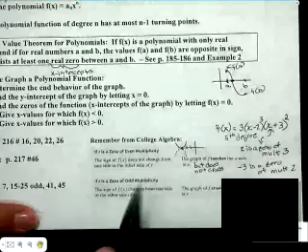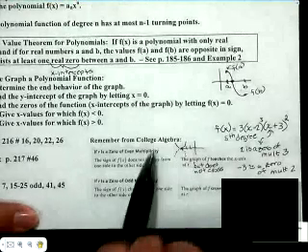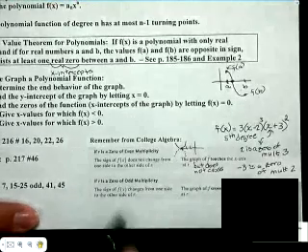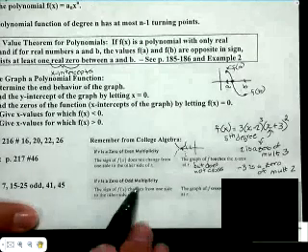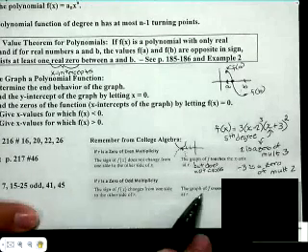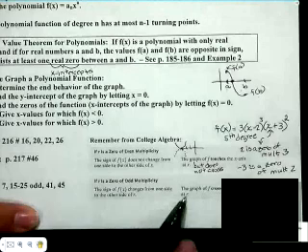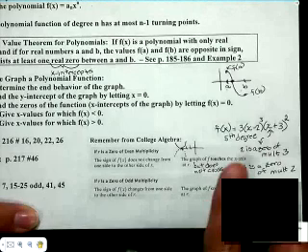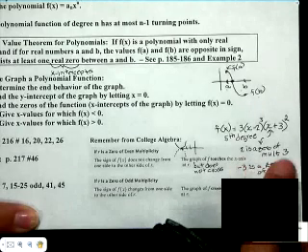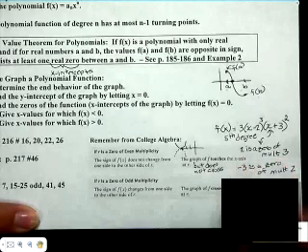It's either all above the x-axis or all below the x-axis. If R is a zero of odd multiplicity, then the graph actually crosses the x-axis at R. So when we say 2 is a zero of multiplicity 3, that's an odd multiplicity.